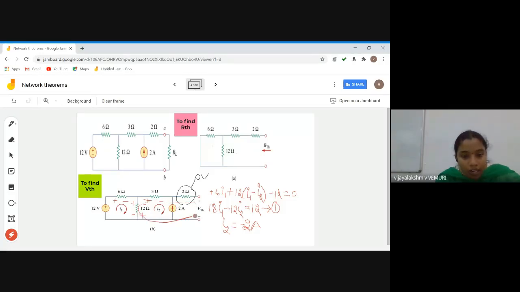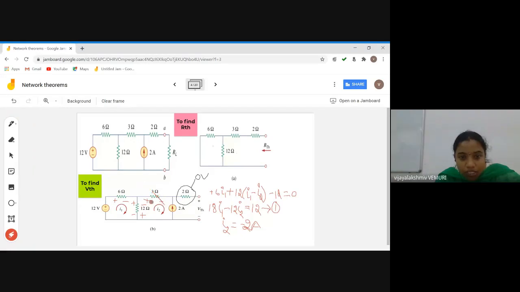It's not only the voltage across 12 ohms. If you didn't have this 3 ohms here, then directly this positive is connected to 12 and negative is connected to here, and the voltage across these two terminals would be the voltage across 12 ohms directly. But here you have a 3 ohms resistor.